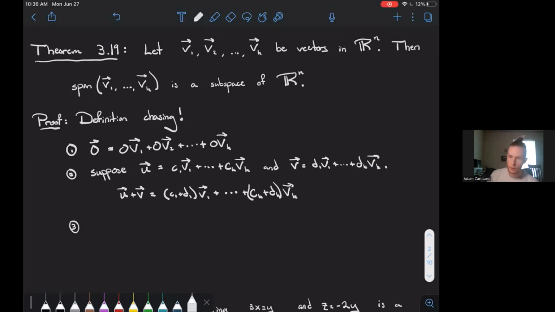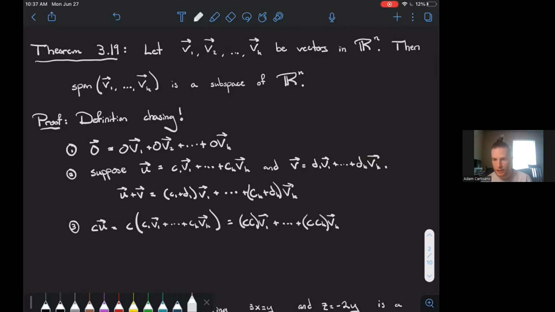3, we want to show that any scalar multiple is inside of the span. Well, cU is just c times c1 v1 all the way up to ck vk, which is, by the distributive property, (c c1) v1, let me put the c c1 in parentheses, plus, all the way up to (c ck) vk.